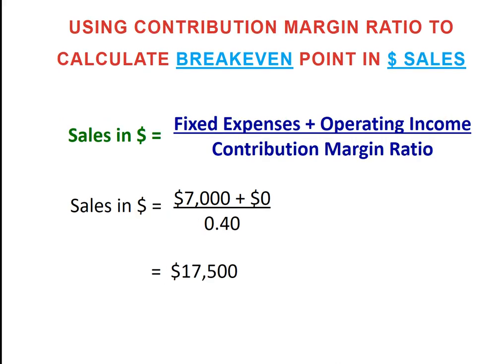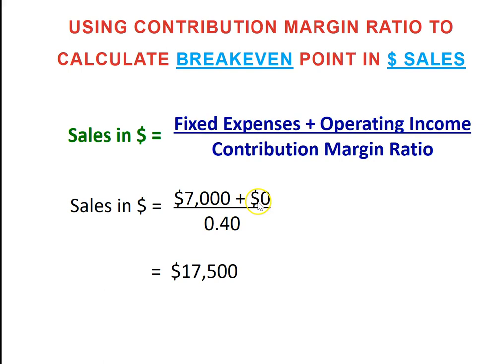We could also figure out break-even point in dollar sales. Instead of using units, we can figure out how much the company's total sales should be to reach their break-even point. Now, if you want to figure out the break-even point in dollar sales, your denominator will be different. Now your denominator will be contribution margin ratio, and your numerator will be the same, fixed expense plus operating income.